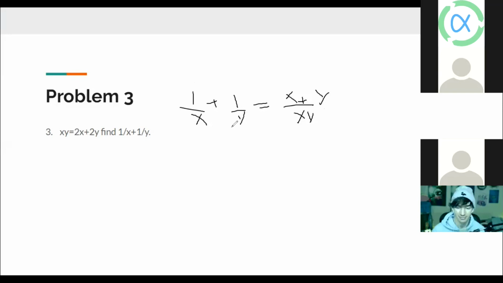So if you plug this into the bottom, this is equal to (x plus y) over (2x plus 2y). You can just factor a 2 out from the denominator, and you're just going to get (x plus y) over 2 times (x plus y). So that's just equal to half. So our answer is half.